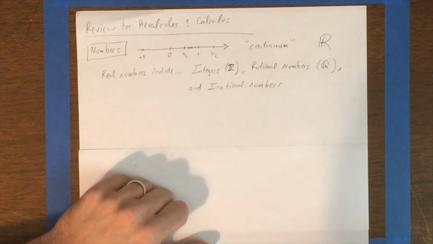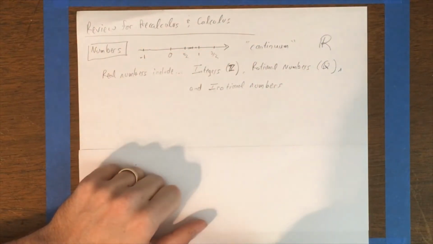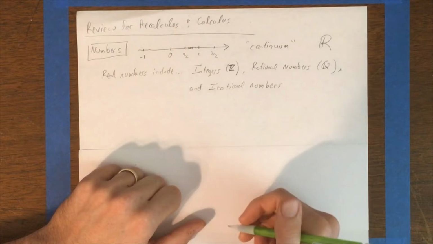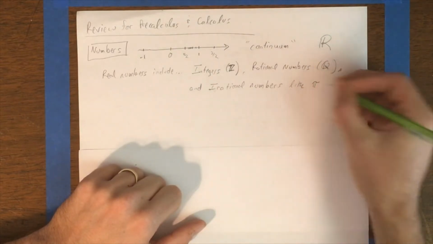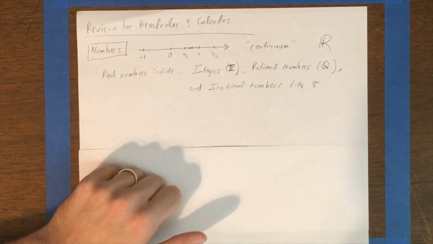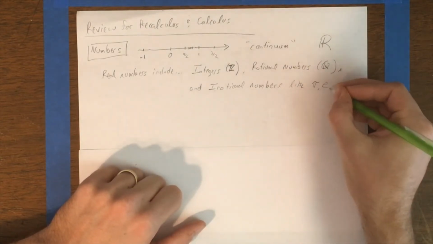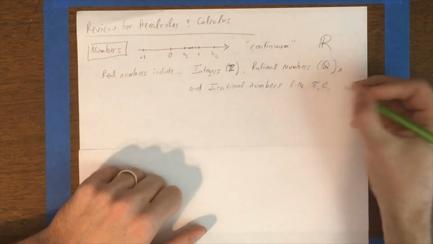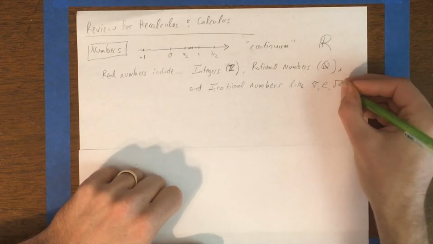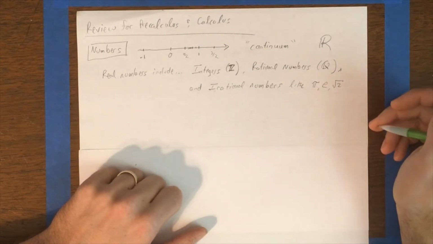In fact, in some ways, there are more irrational numbers than rational numbers in the continuum. That includes numbers like, probably the first one that comes to mind for many people, the number pi. It's a famous irrational number. Another number we'll work with a lot in calculus and pre-calculus is the number e. And one of my favorites is the square root of 2. These are just some examples of irrational numbers.